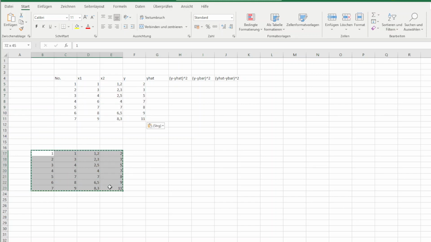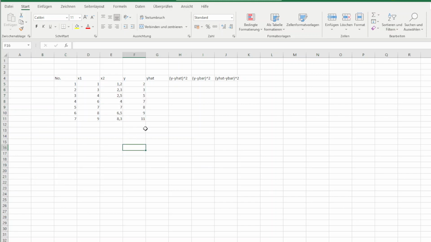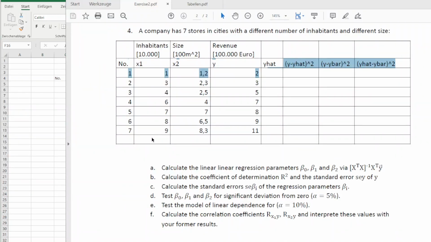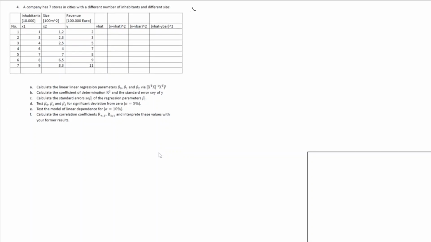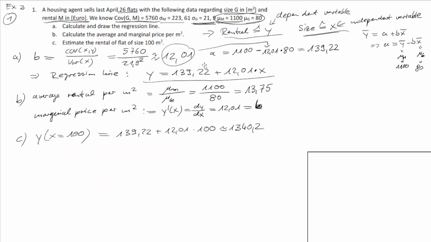So now we have our data, and what we need at first is x and xt. And this is just the matrix which gives us the dependence between our variable to explain, our revenue, and our independent variables.